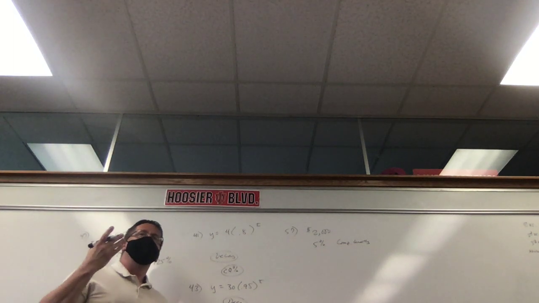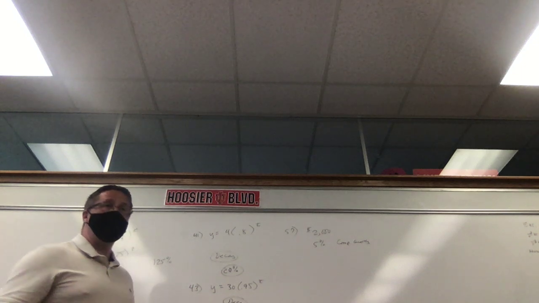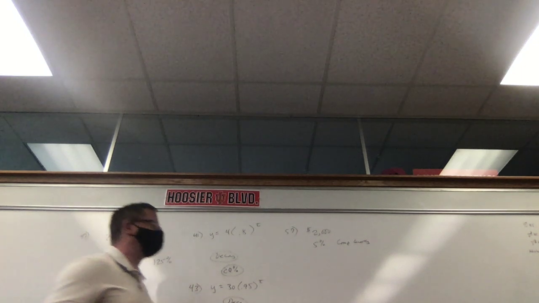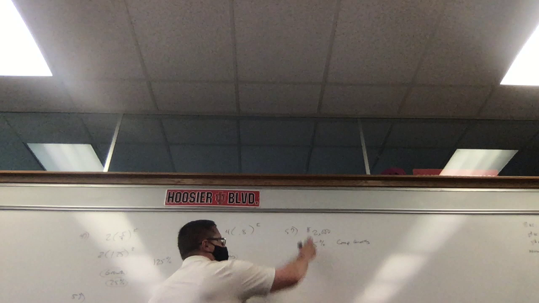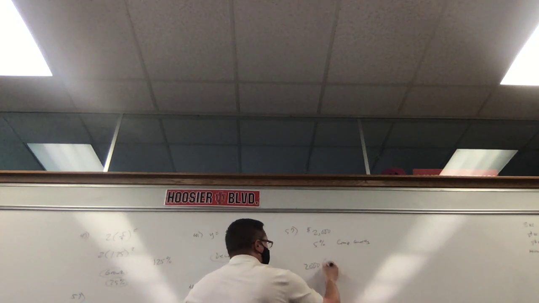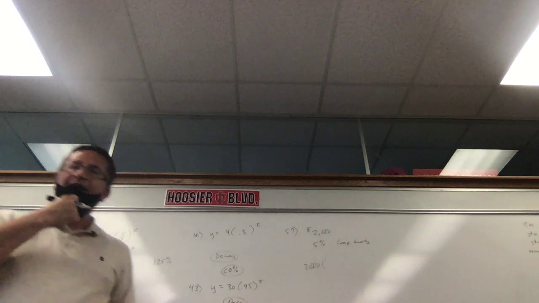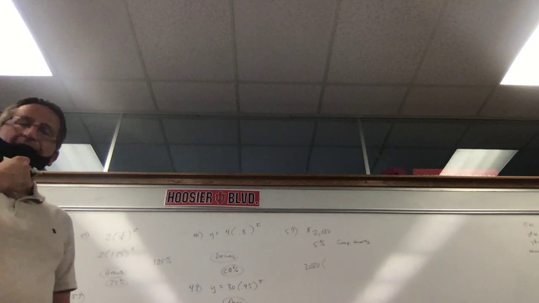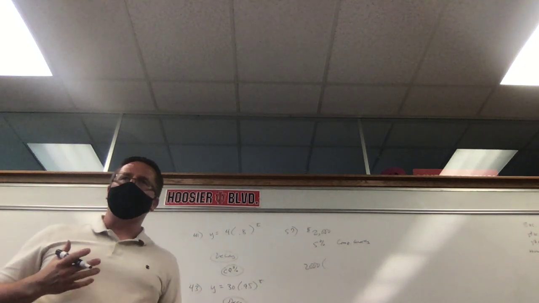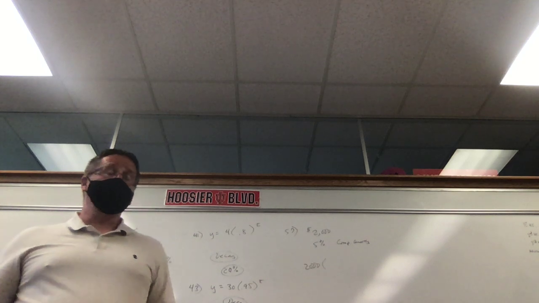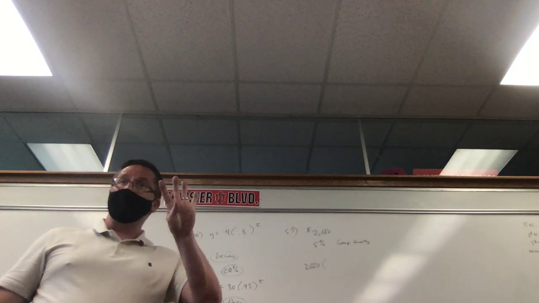So here we need to set up our equation. Then you're going to need to use a calculator to type this in. What are we starting out with? $2,000. Now here's the deal, I want to make sure you guys understand this. 5% quarterly doesn't mean you get 5% every time. You get 5% spread out over 4 different time periods.